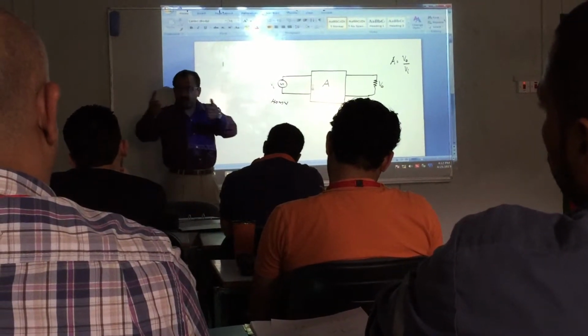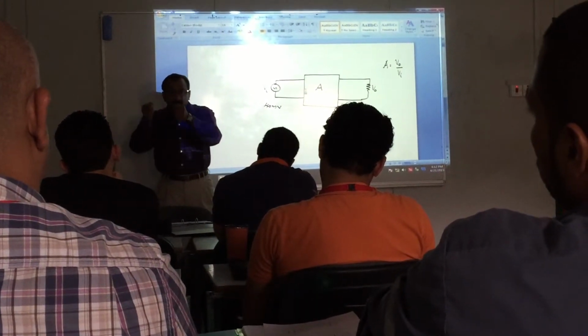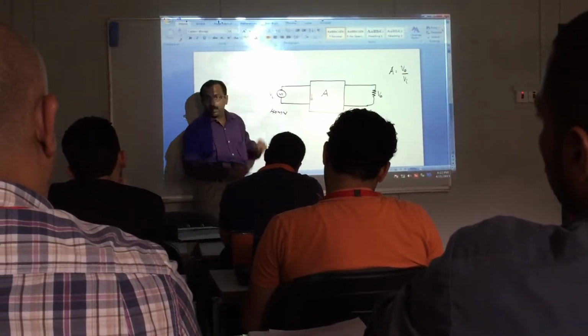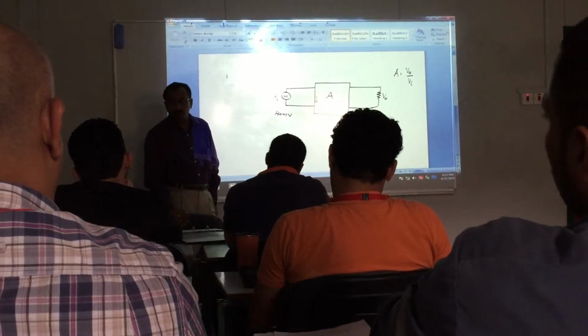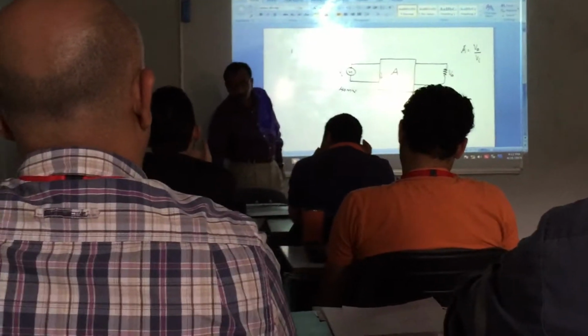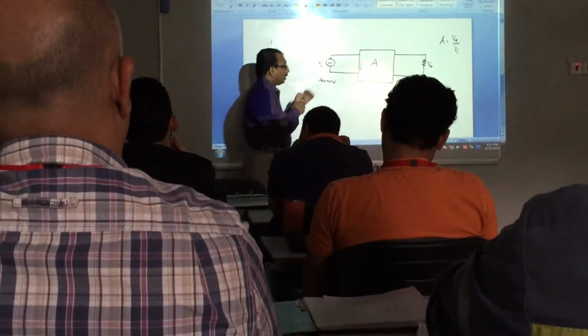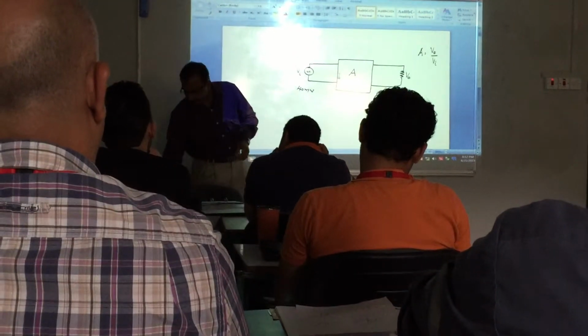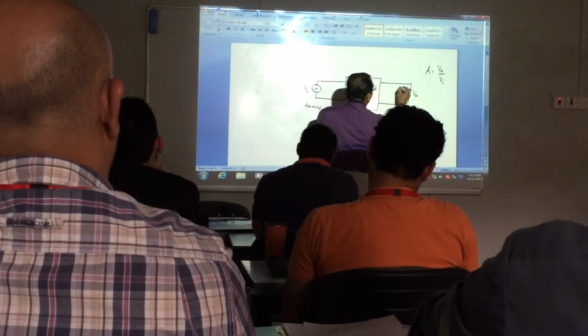In the lab, you are taking a 40 millivolt signal from the signal generator, you are applying to the input of the amplifier. Understand my point? Now what I am doing is, I am taking the output. I am taking the output.